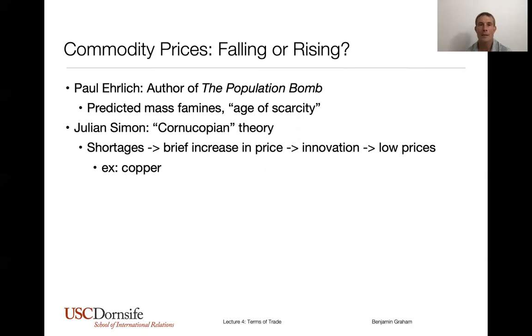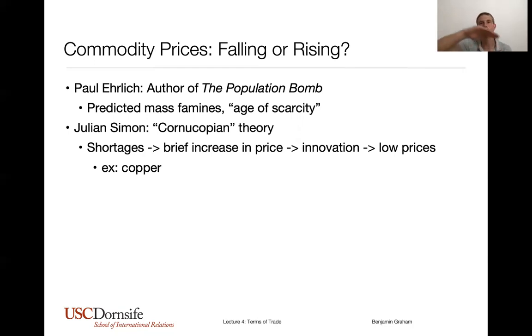But as the price of copper spiked, there was an increased incentive to innovate and to think about, well, what else can we run water through other than copper pipes, right? And that was really when plastic PVC pipes came onto the market, which are way less expensive than copper piping.